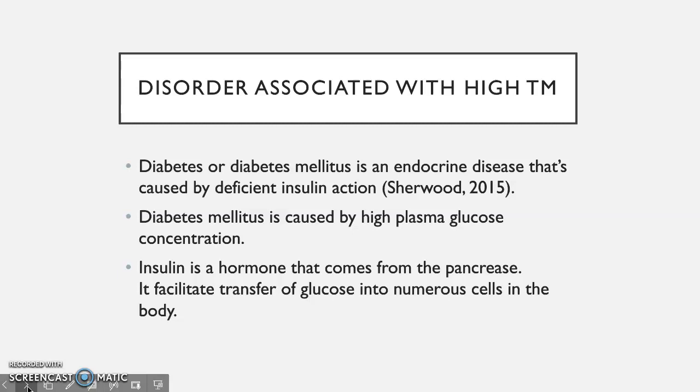A high ketone level in the blood indicates diabetic ketoacidosis, known as DKA, a complication of diabetes, and this can lead to more serious problems such as a coma, or it can be fatal.